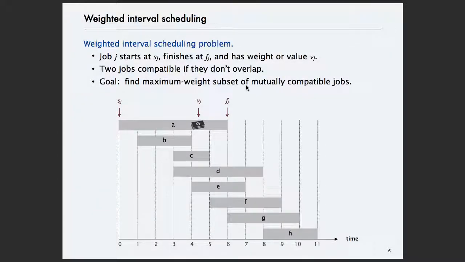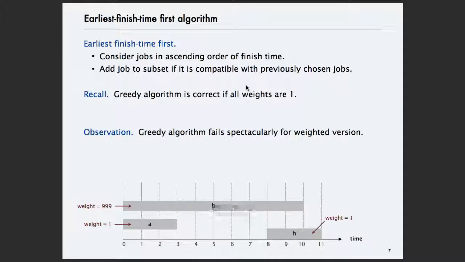So the thing that we looked at is the weighted interval scheduling problem. Find the maximum weight subset of mutually compatible jobs. The idea is sort the jobs in ascending order of finish times, and we can add a job to a subset if it is compatible with the previously chosen jobs, right?